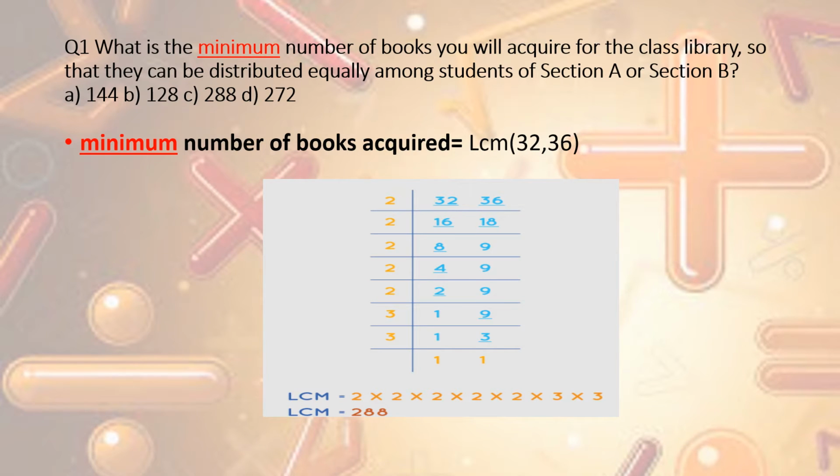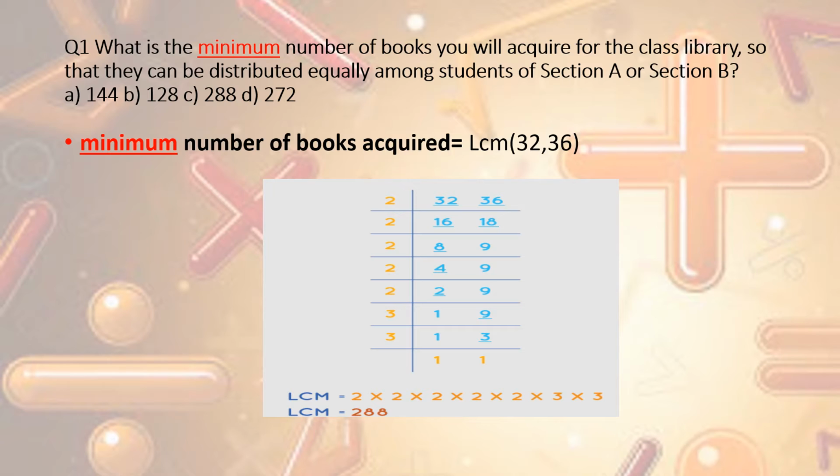So first question is, what is the minimum number of books you will acquire for the class library so that they can be distributed equally among the students of section A or section B? So here the word minimum is of significance, as we know that minimum is nothing but the LCM.